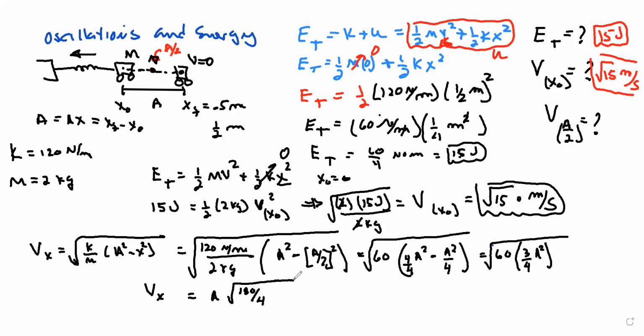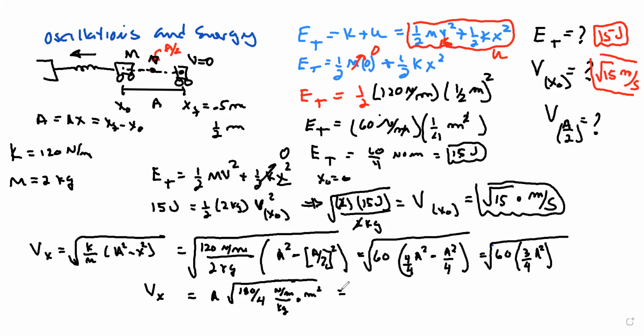That's what you got inside. And what are the units? Well, the units here are Newton over meter, at the top, 120 over kilogram. And then you got meters to the square over here.